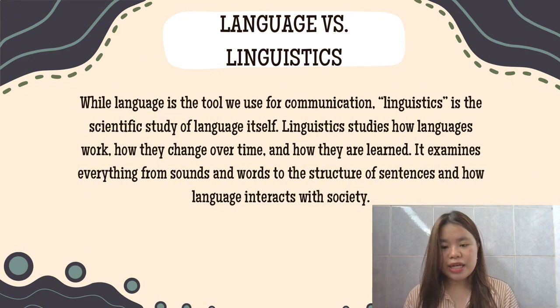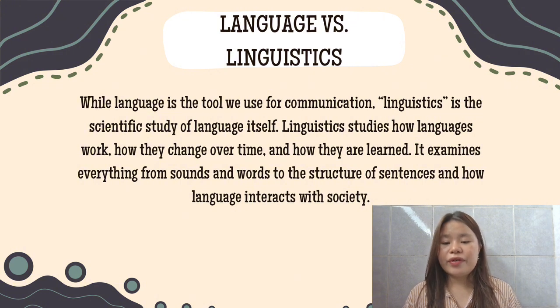Animals also communicate in non-linguistic ways. Birds might sing to mark their territory, and bees perform dances to show other bees where to find nectar. But while these forms of communication are effective for their purposes, they lack the rich variety and flexibility of human language.